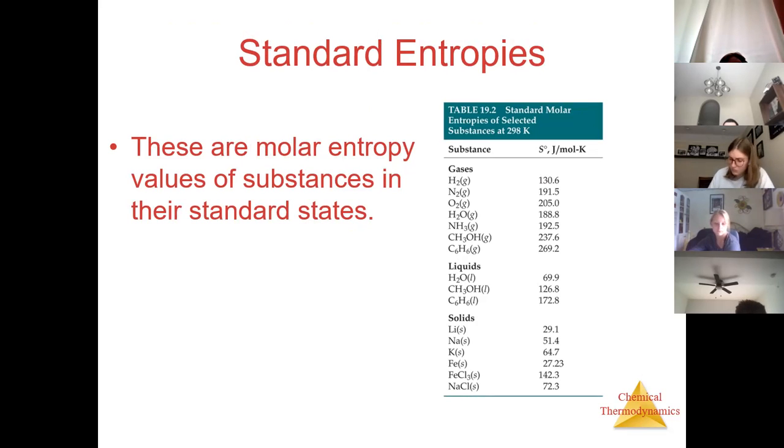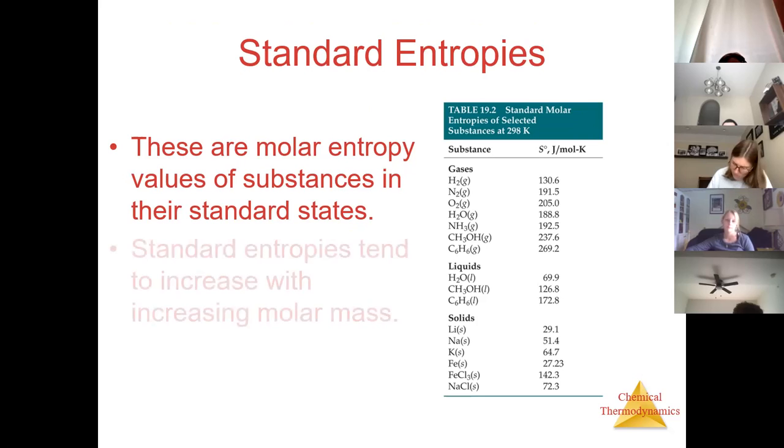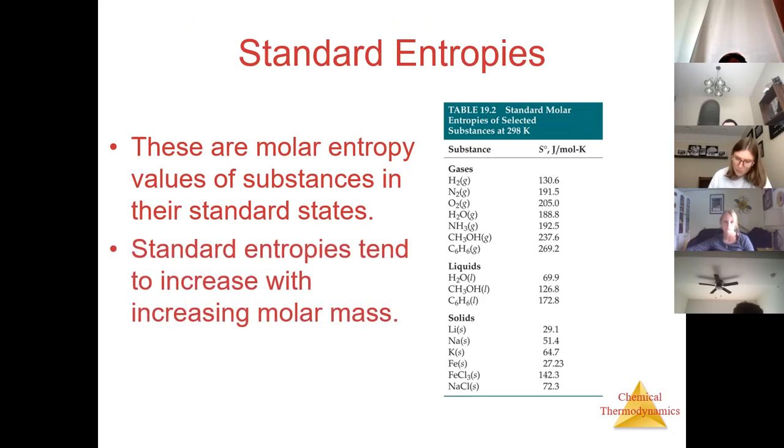Understand, in the homework, they do not give you these values. If you want these values, you're going to either have to Google them, or you'd be safer looking them up in the appendices. Will they be provided on the test? Yes.